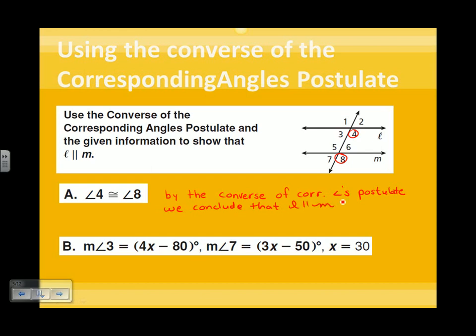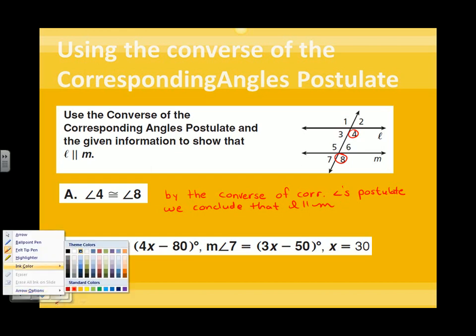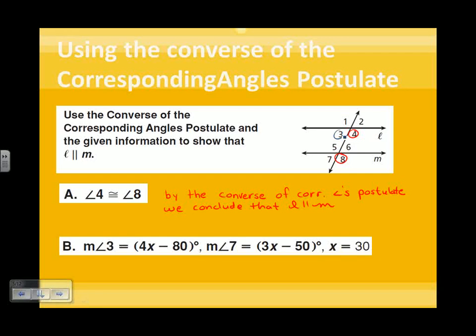Okay, for the second one it says measure of angle 3 and the measure of angle 7. So I want to identify those. I'm going to change my color here. Angle 3 is here and angle 7 is here. I also identify those as corresponding angles. But they give us the value of x. So angle 3 is actually 4 times 30, which is 120, minus 80, which is 40.